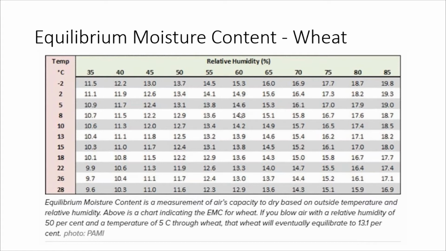So for wheat, that basically is where you want to be. And so then the logic would say, yep, let's run our fan and let's remove moisture. The problem with this logic is it doesn't take into account how big your bucket size is when you're running your fan at 5 degrees C.